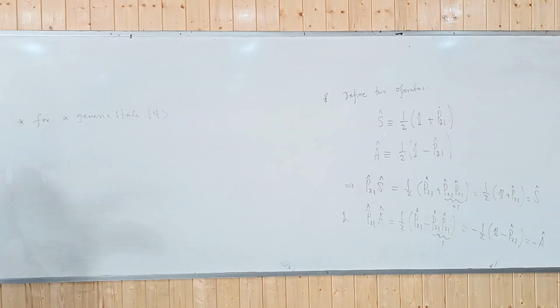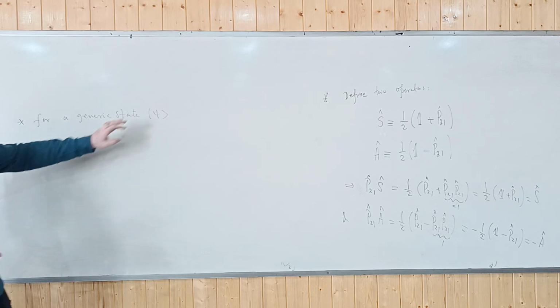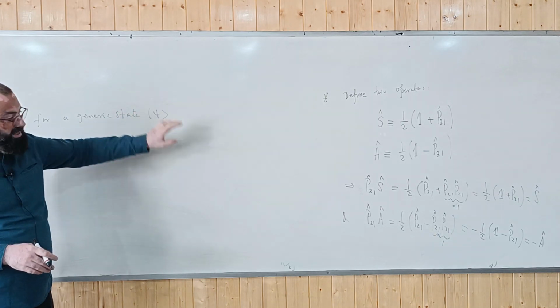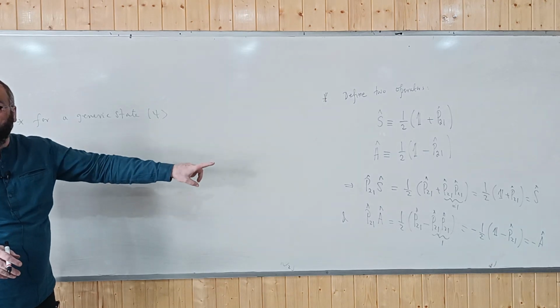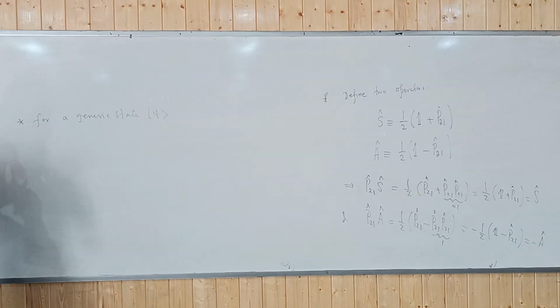The eigenstate of P21. And we have shown earlier that this generic state is not an eigenstate of P21 in general, clear? I need to construct an eigenstate of P21 out of this psi, using which operators? S and A. So let's do it.